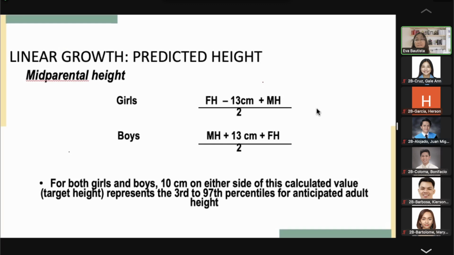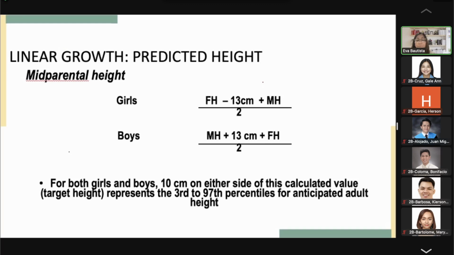Plus minus 10 centimeters will give you the 3rd and the 97th percentile. So for the girl, we subtract 13 centimeters from the father's height, and we just add the actual height of the mother. But for the boys, we add 13 centimeters to the mother's height plus the actual height of the father.